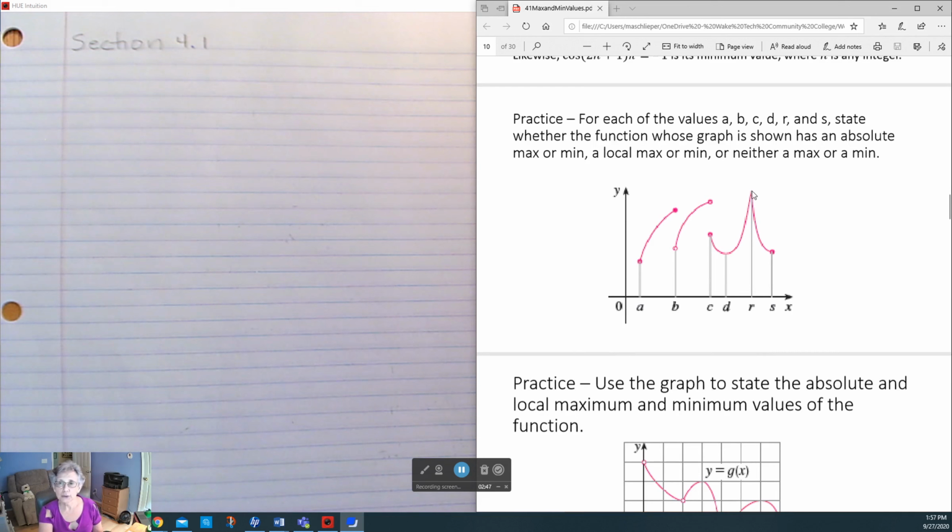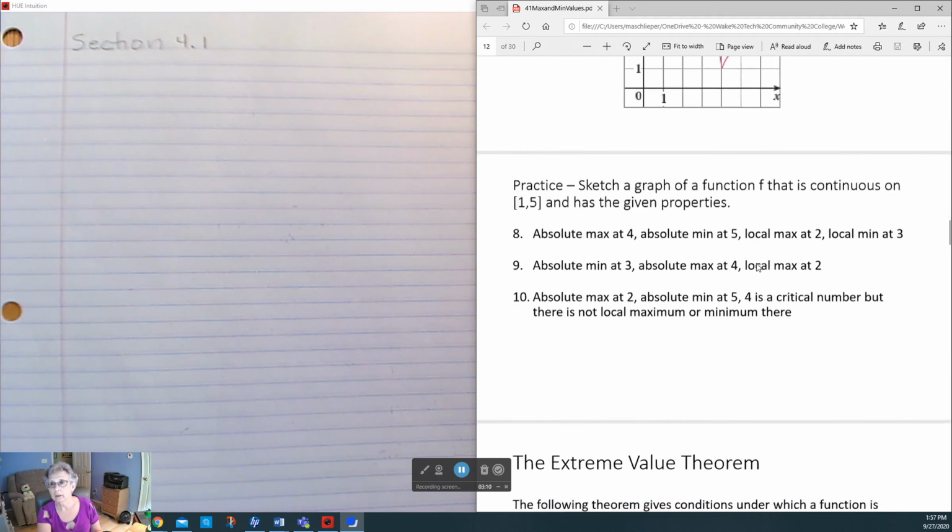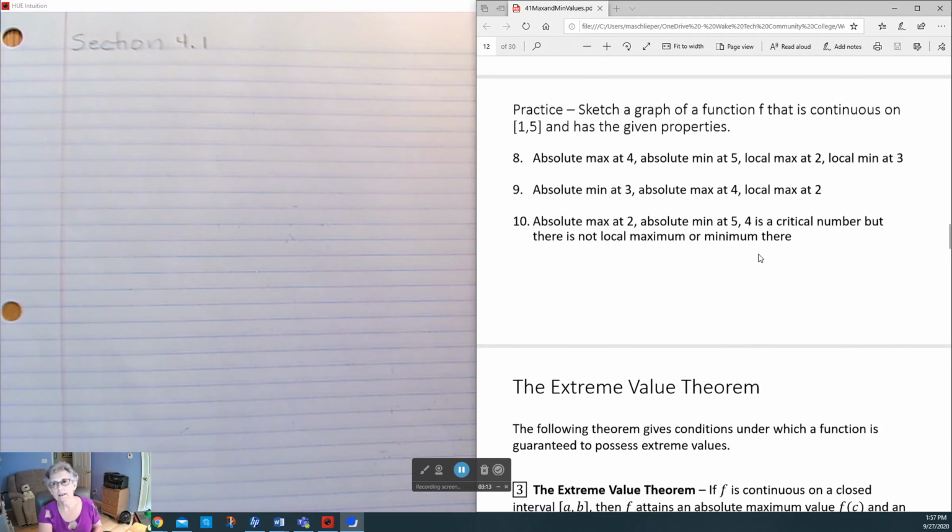I guess the only tricky thing here in this practice problem is the open circle here is not a local max because it's an open circle. It's not in the graph, in the domain of the function. I'm going to leave those for you to do on your own because you did things kind of like that with Desmos.